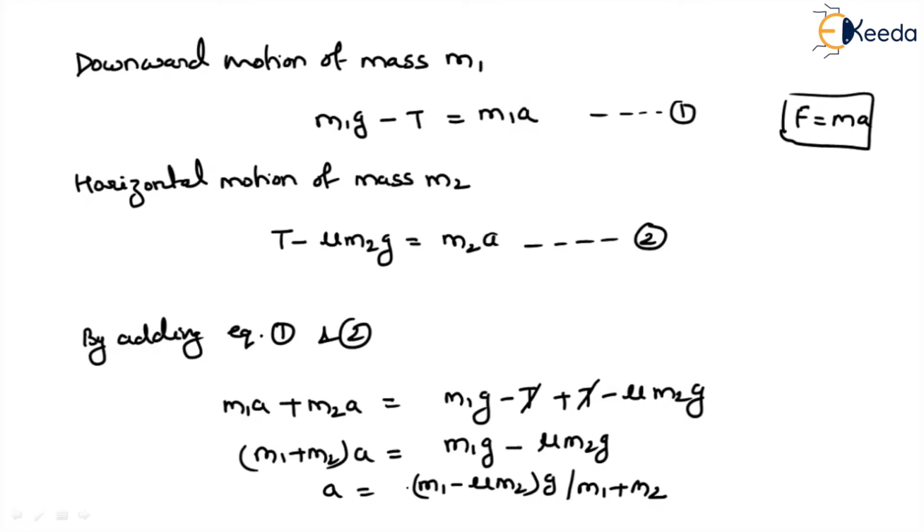If we simplify this term, we will get A equals (M1 minus mu M2)G divided by (M1 plus M2). Now if we simplify this in terms of weight, it will be (W1 minus mu W2) divided by (W1 plus W2), into G. So these two formulas we should have for A, for the condition of motion of two bodies connected at the edge of the horizontal surface.